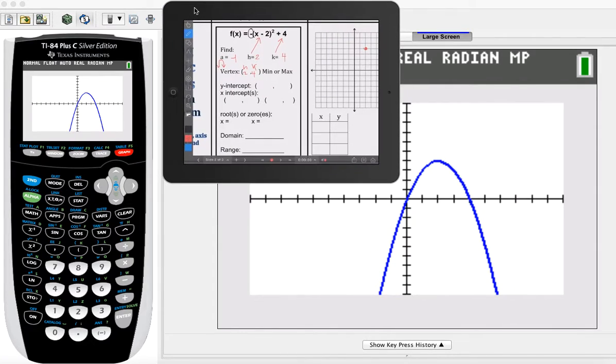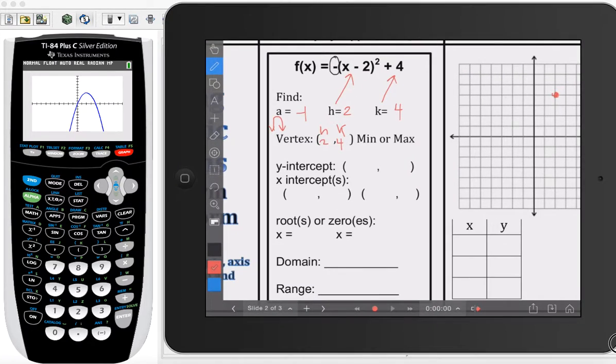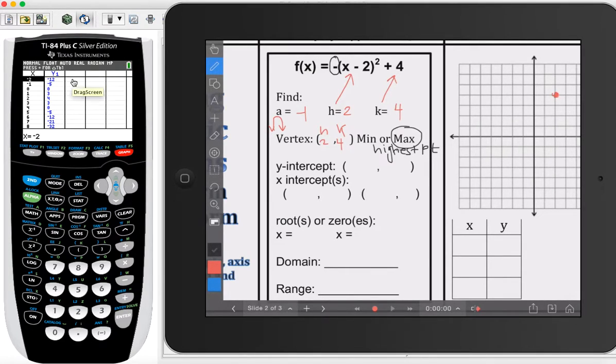So let's write that down. And let's go to our table. So it's a maximum, it's the highest point, right? Highest point in my parabola. Now let's go to the table and get some points that I can graph. So (-2, -12) is not going to fit in my graph.